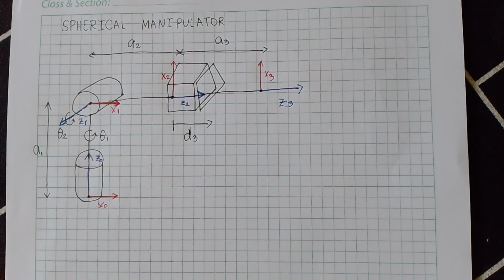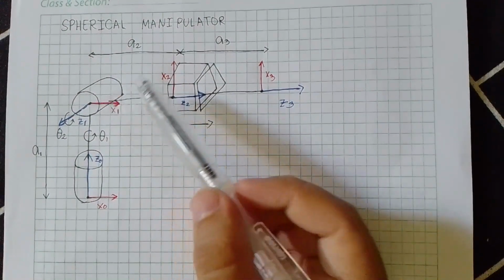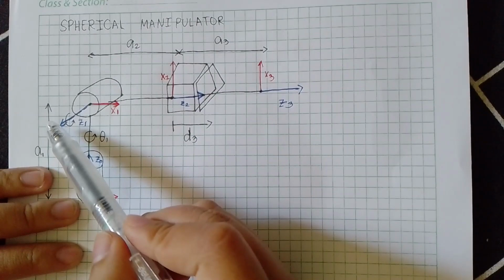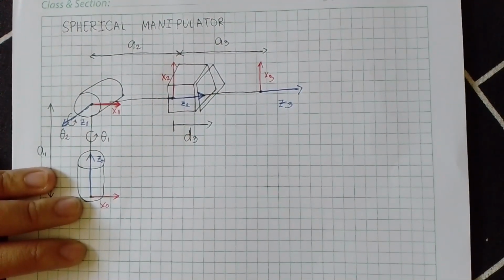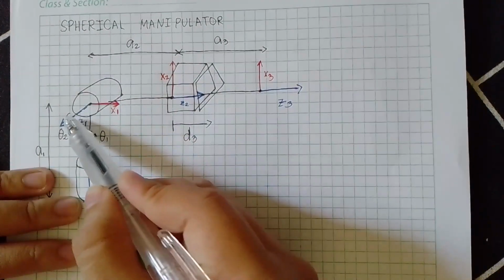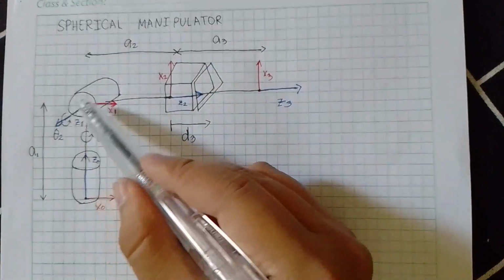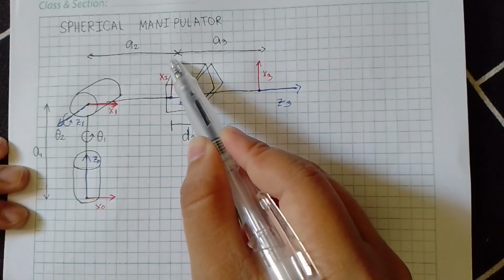Instead, let us translate x sub 2 to the frame before it. The z sub 2 must be moved from this one to this one, and x sub 2 too. Moving z sub 1 to x sub 2.